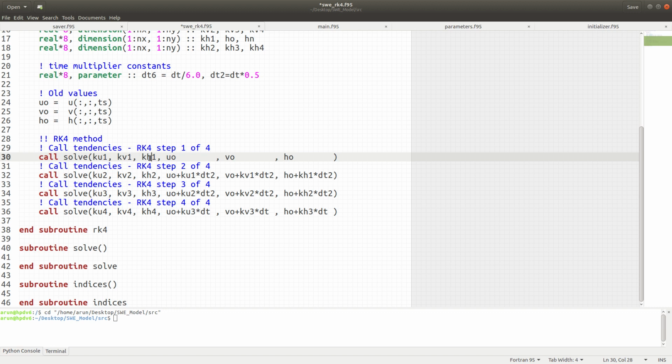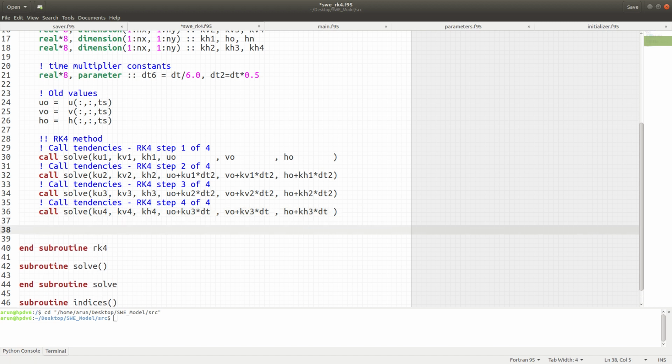Similarly, in the second step, I'm going to pass U0 plus a slight slope modification of U0 by taking a small weighted value of KU1, the slope function from the previous step. I'm going to get the new slope functions. Similarly, I'm going to call them for the third and fourth time, completing the 4 steps of the RK4 method.